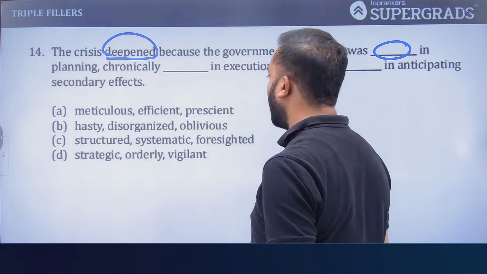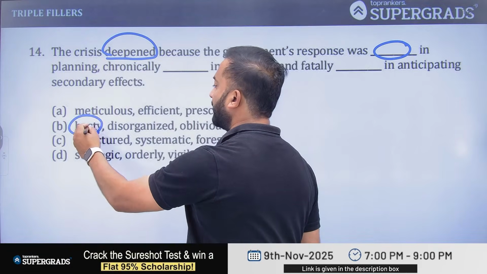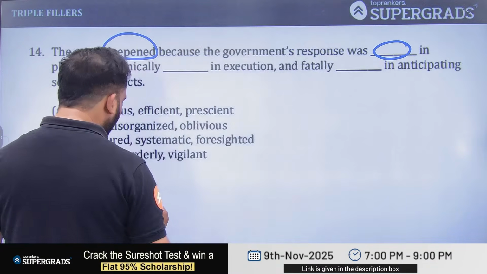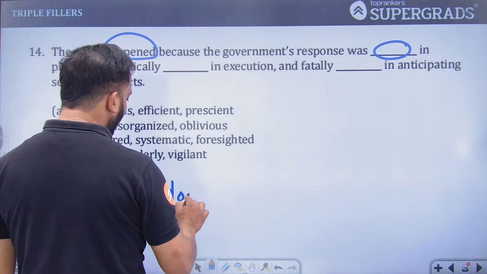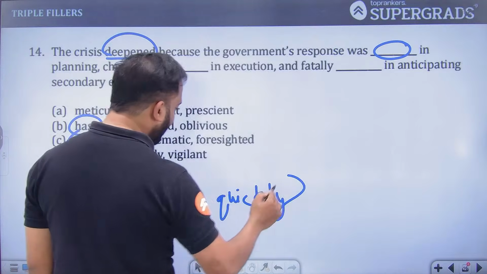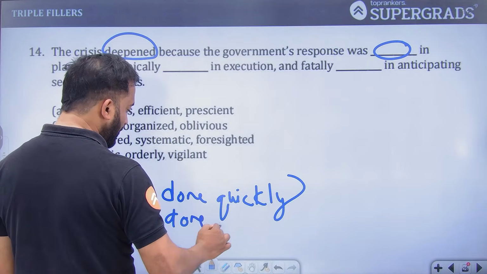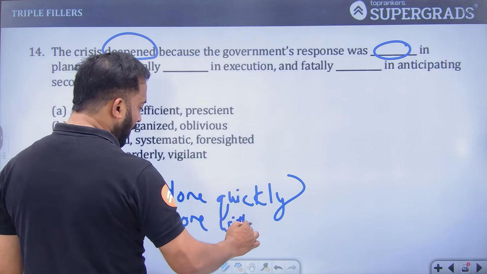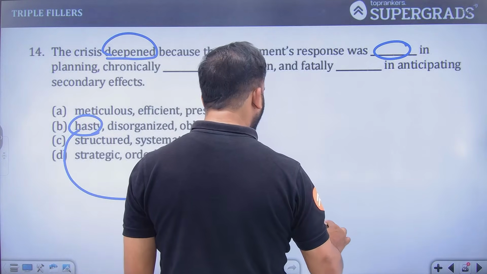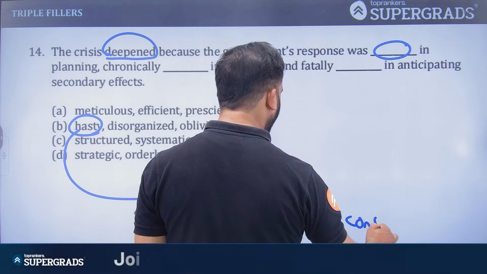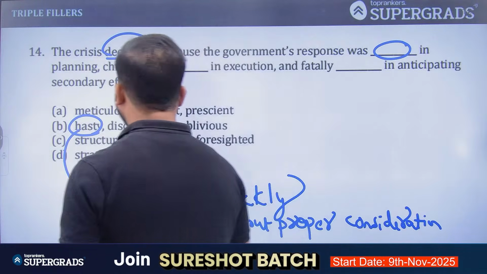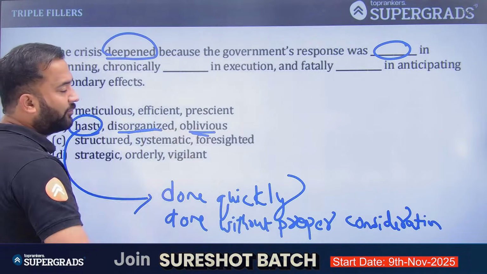Because the government's response was hasty, done without proper consideration. So done quickly or done without proper consideration. Hastily, disorganized and oblivious would be correct.